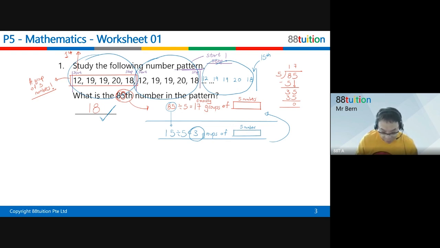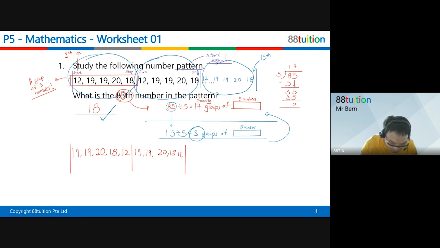If you say the first number is 19, then the question should have given you something like 19, 19, 20, 18, 12. But that's not part of the question, Joanne. According to the question, the first number that's given is 12. I cannot change the question. I hope that I answer your question.